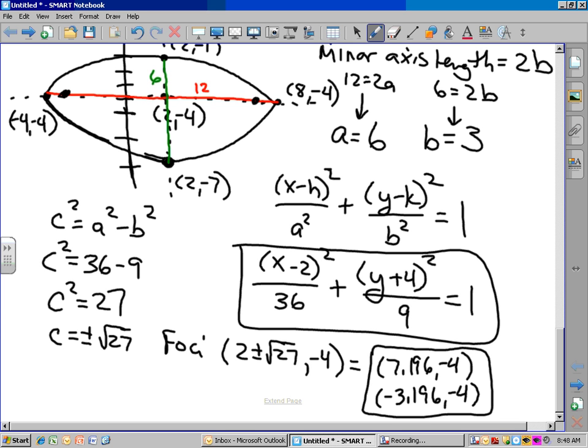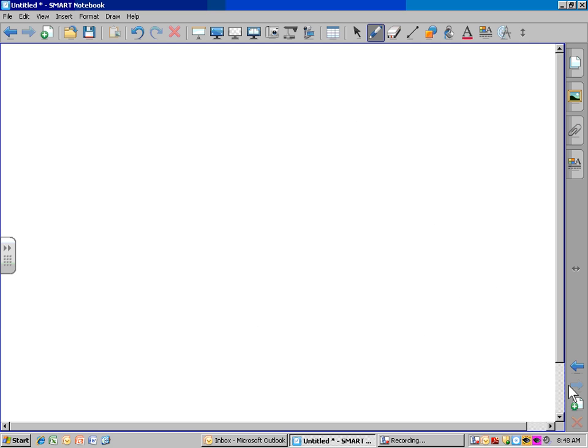Okay. I have one more example. You ready for it? This one will be a little bit easier. There I gave you the graph. Here I'm going to give you the equation.